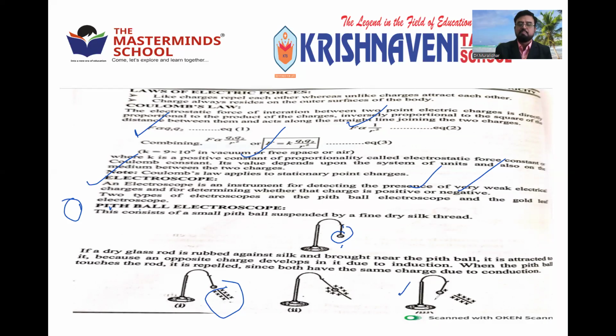See, we give the positive charge to the ball. Then a positive charge body is brought near, and the ball is repelling. If the ball has negative charge, the positive charge is attracting. First, you have to give charge to the pith ball. Then you have to identify the charge of the other body. Such a device used to measure the presence and kind of charges is called the pith ball electroscope, or simply electroscope.